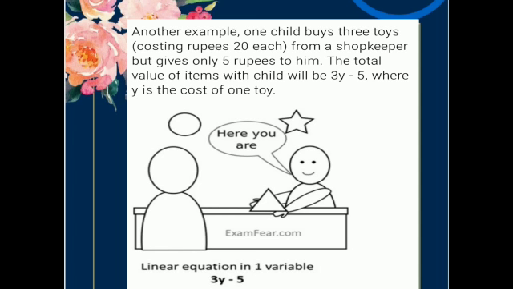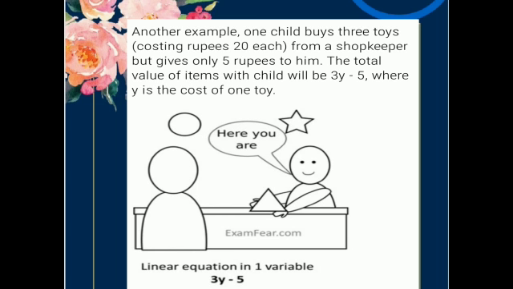One child buys 3 toys costing rupees 20 each from a shopkeeper but gives only 5 rupees to him. So here they have formed one equation to find the total value of items with the child. The equation is denoted by 3y minus 5, where y is the cost of one toy.